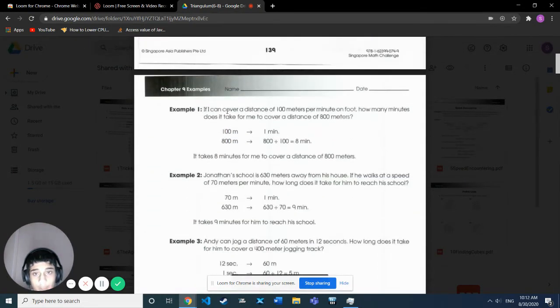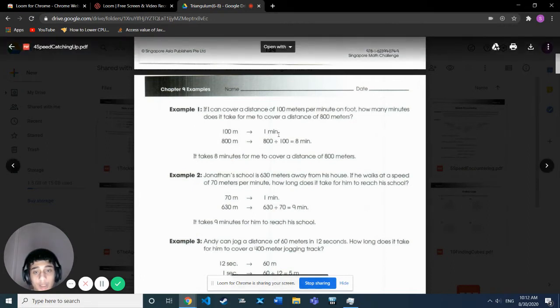Let's do example one. If I can cover a distance of 100 meters per minute on foot, how many minutes does it take me to cover a distance of 800 meters? The units we're going to use here are meters per minute. 100 meters per minute means you cover 100 meters every minute.